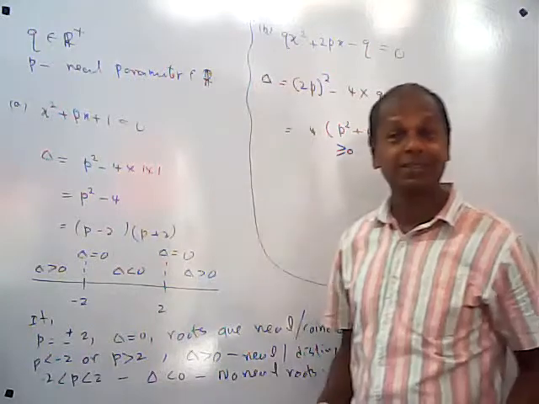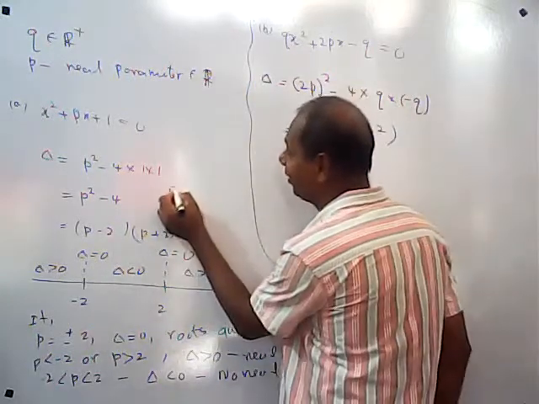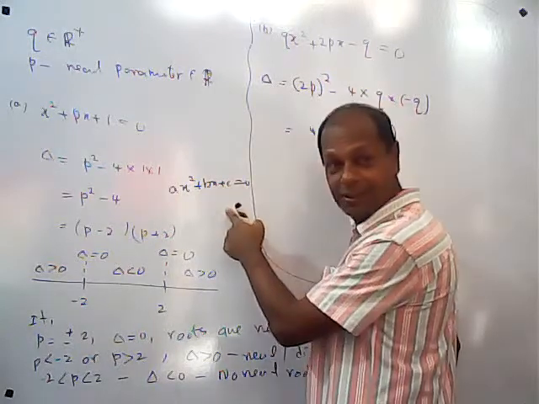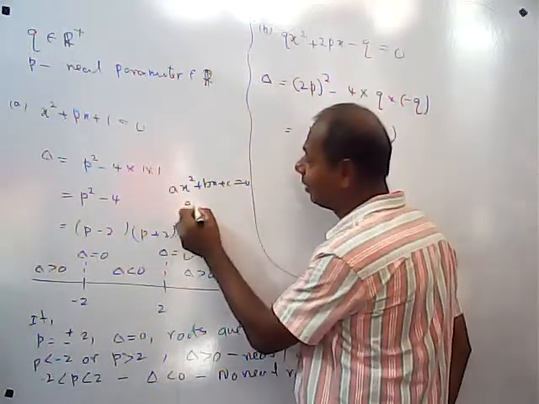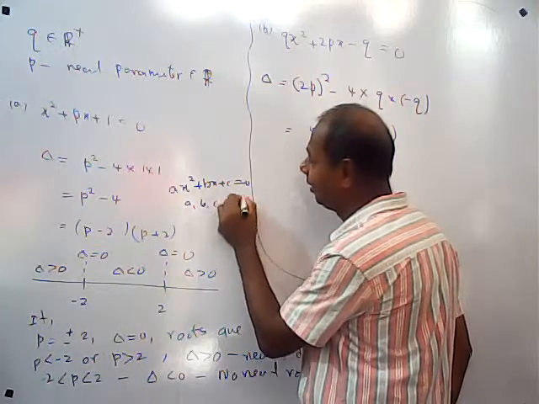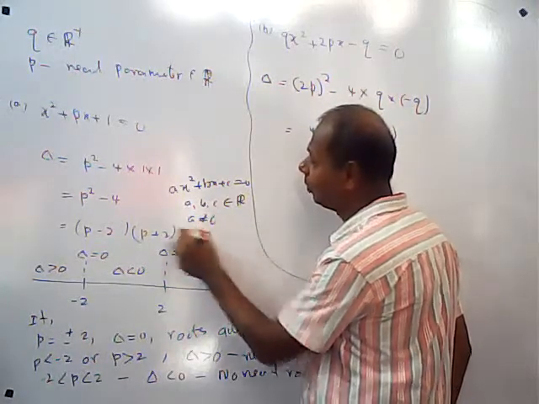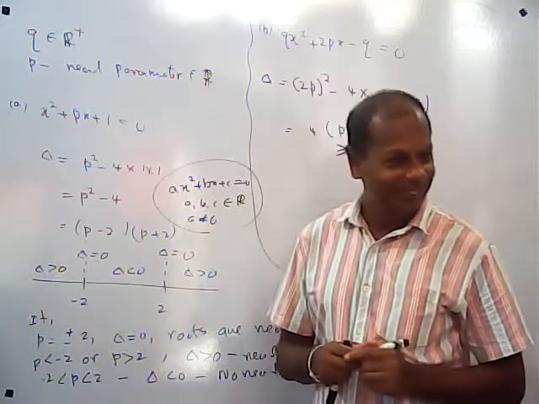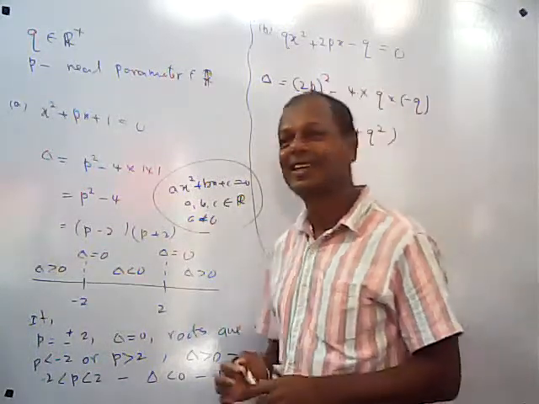We started this lesson, quadratic equations, saying an equation of this form is called a quadratic equation. A, B, C are real and A cannot be equal to 0. Can Q be 0?